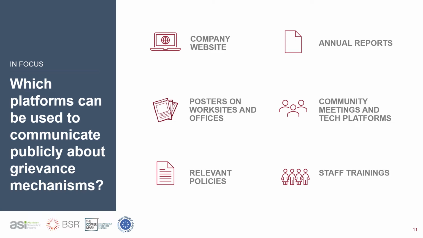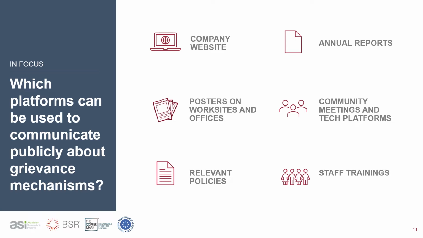You may raise awareness among direct and indirect employees on your grievance mechanism in staff trainings, on posters on work sites and offices, or send a copy of the relevant policy to employees on an annual basis. To ensure that supply chain workers can access a grievance mechanism, you may discuss its availability at regular meetings with your suppliers.